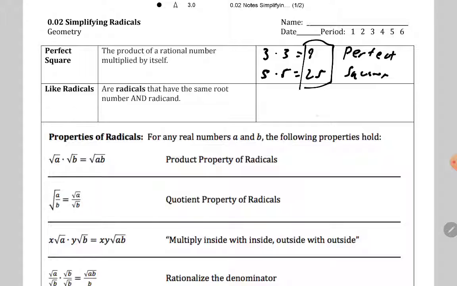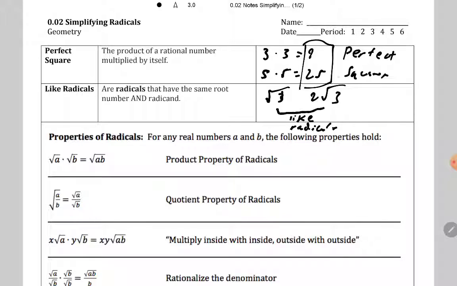Like radicals. So let's say we have a radical, square root of 3, and let's have another one, 2 square roots of 3. So what makes them like radicals? Like radicals have the same square root. So they have a square root of 3 here.